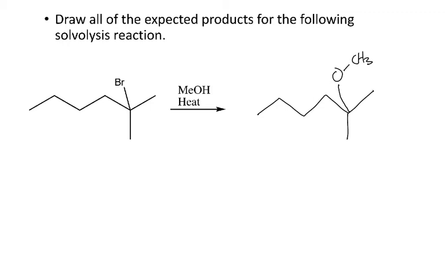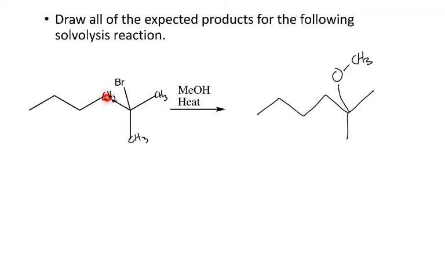For the elimination product, there are generally more potential options. So we need to identify what our beta carbons are. I've got a CH3 here, a CH3 here, and a CH2 here. Now these two CH3s are chemically equivalent, so whether the elimination occurs with either one of these CH3s, it's going to give rise to the same product.